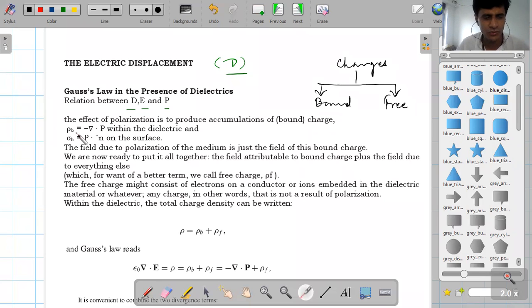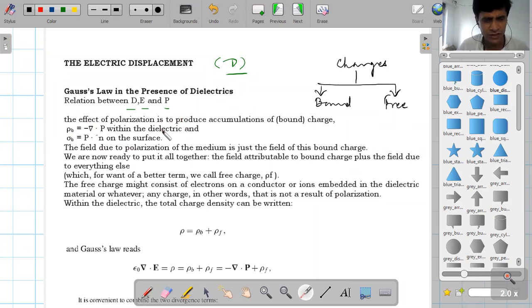Understood? And dear student, this bound charge density is denoted by sigma, sorry, rho b, which is equal to minus del dot P, P means polarization. And this sigma b, that is bound density, is equal to sigma, this is equal to P dot n cap, on the surface.